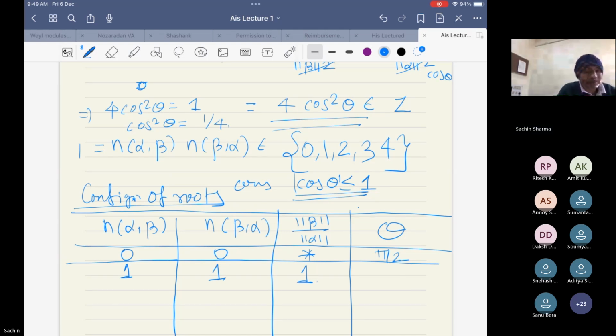Tell me what should be the cos theta? It should be plus minus half actually. But whether it will be plus half or minus half, can anybody answer this question?